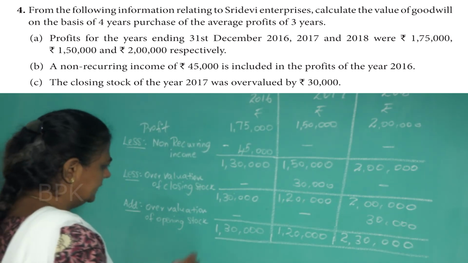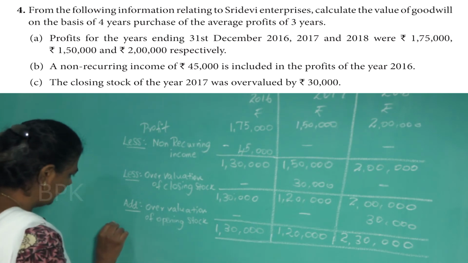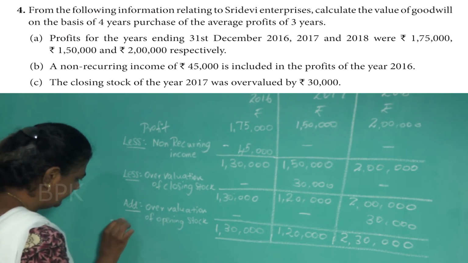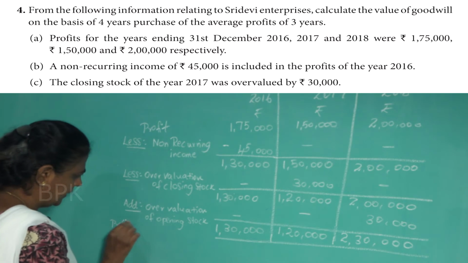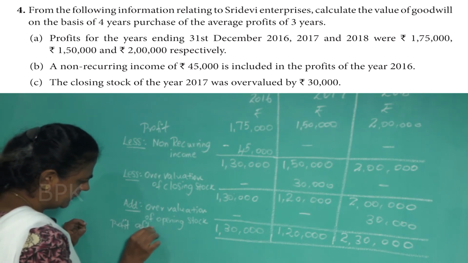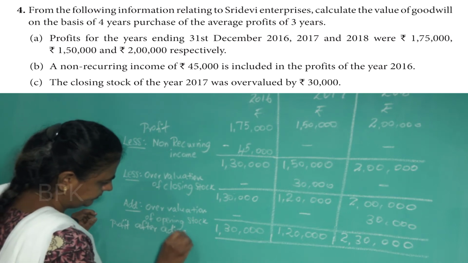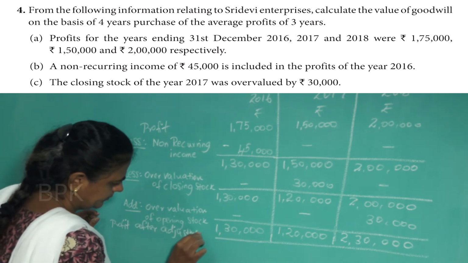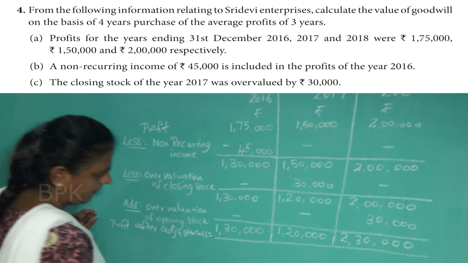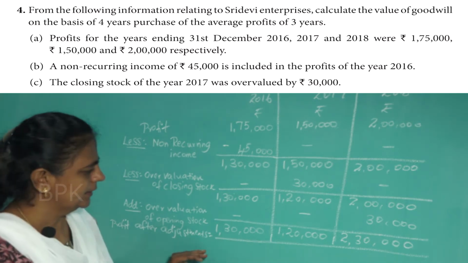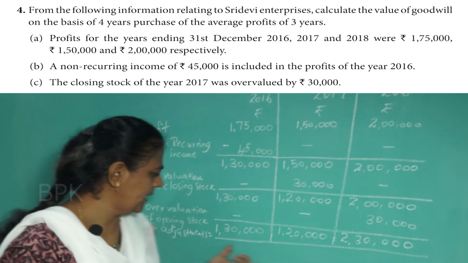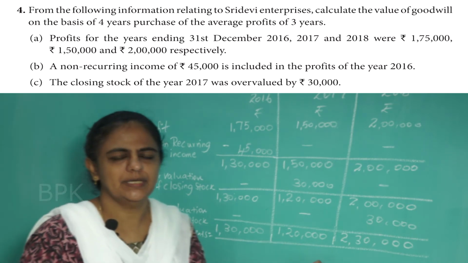This is the profit after adjustments. This is the profit for the years after making the adjustments. How to calculate this?